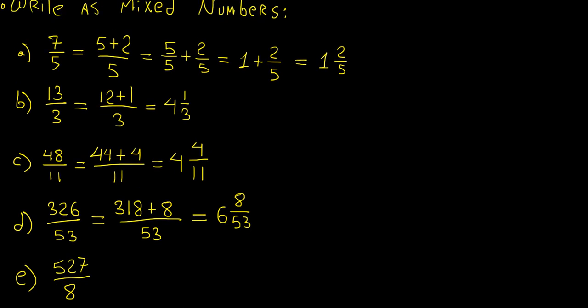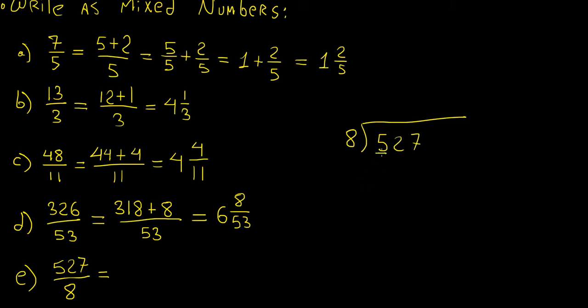Now let's go to this one here. This one looks a fair bit more complicated because the difference between the numerator and denominator is quite huge. So I guess long division would be a good way of going about it. Let me just do it here. We're going to divide 527 by 8.